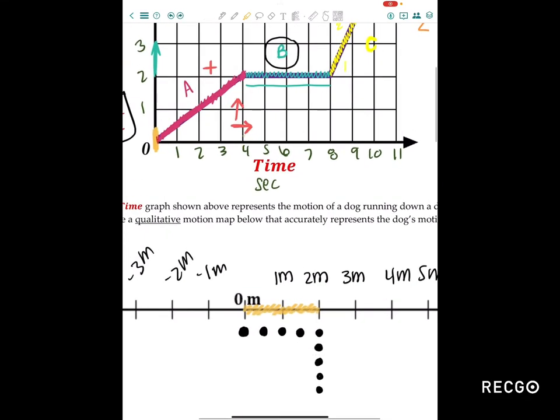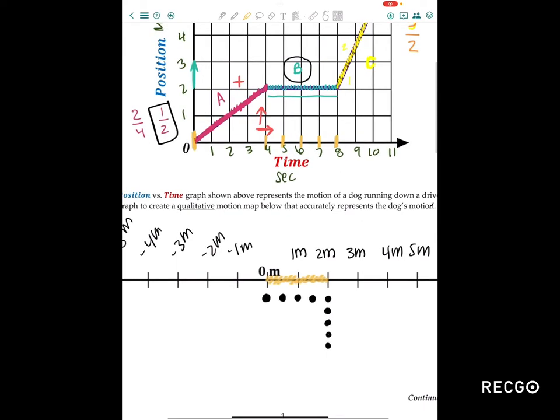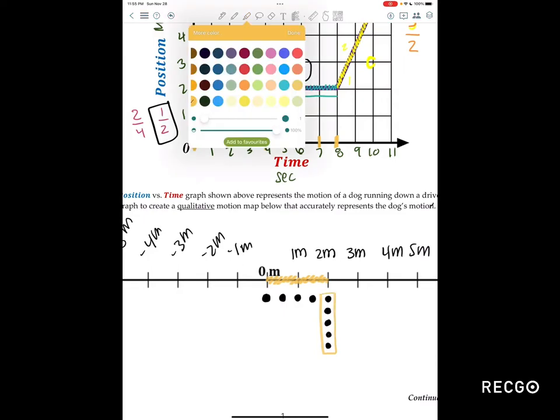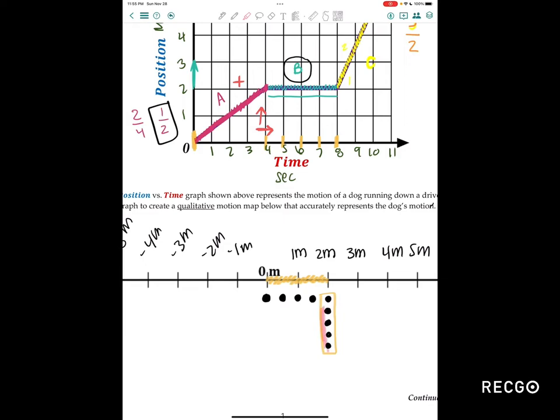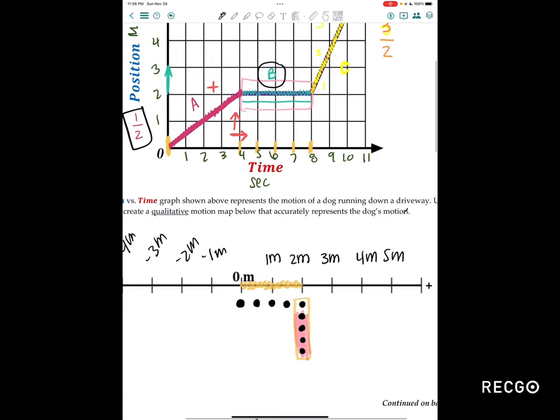Once again, you can do it as 1, 2, 3, 4, 5. You have to include it. So another way you can think of it is that you will always have one more dot than you do seconds over on the time and position graph. And now, let me go back so this is clearer to see.